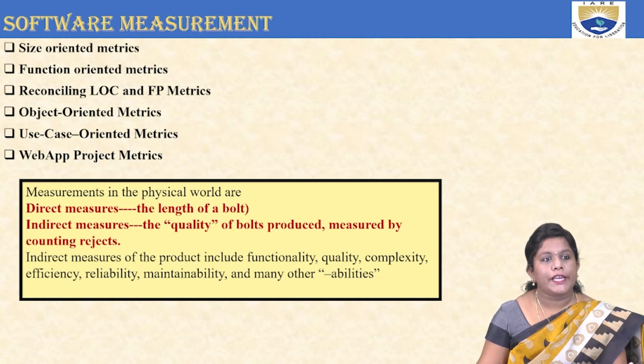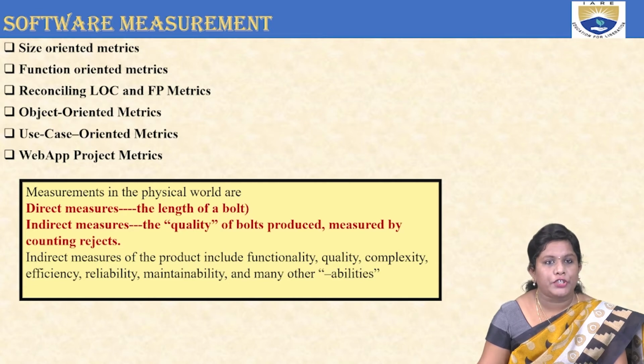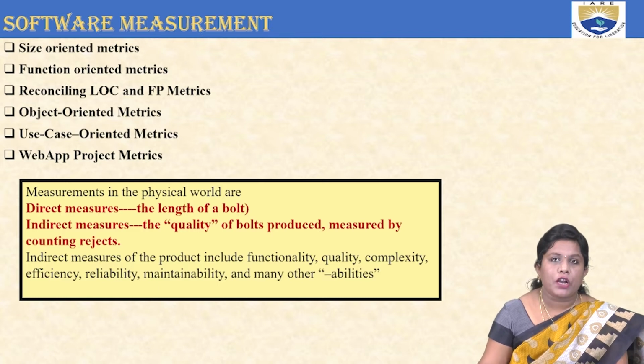If you see how many items there are, you can count and see the result. But for the indirect things that you cannot measure, you apply the size-oriented metrics, involving various functional features and other related features.